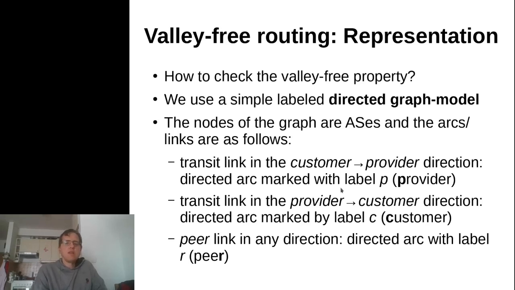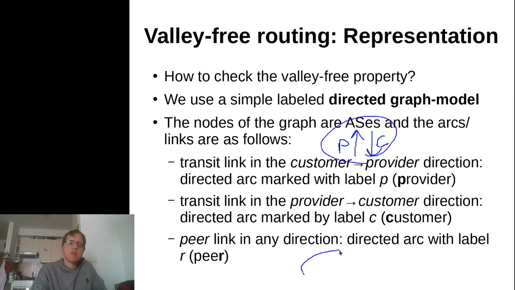The transit link in the customer to provider direction, so upwards, will be represented by a directed link which will be marked by a label P. The same transit link downwards, so from a provider to a customer, will be marked by the label C. So this is about the transit relationships.